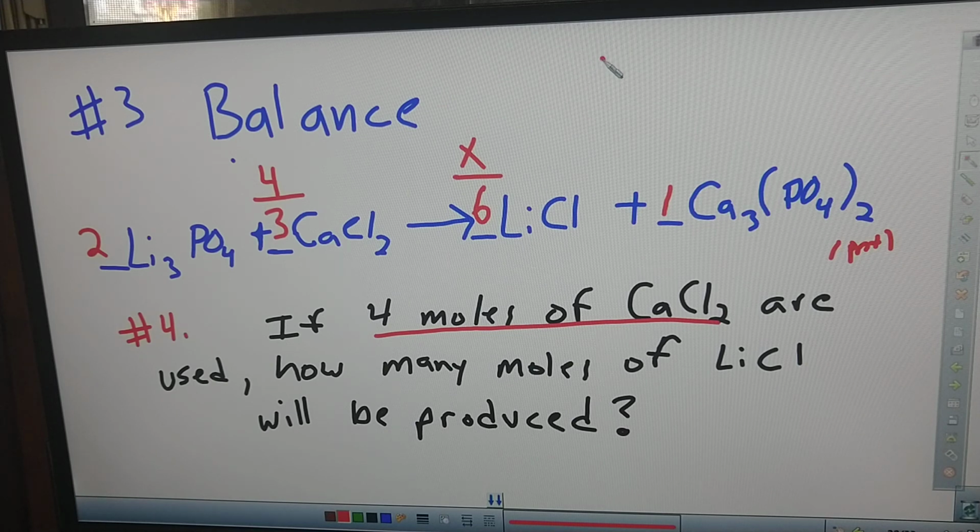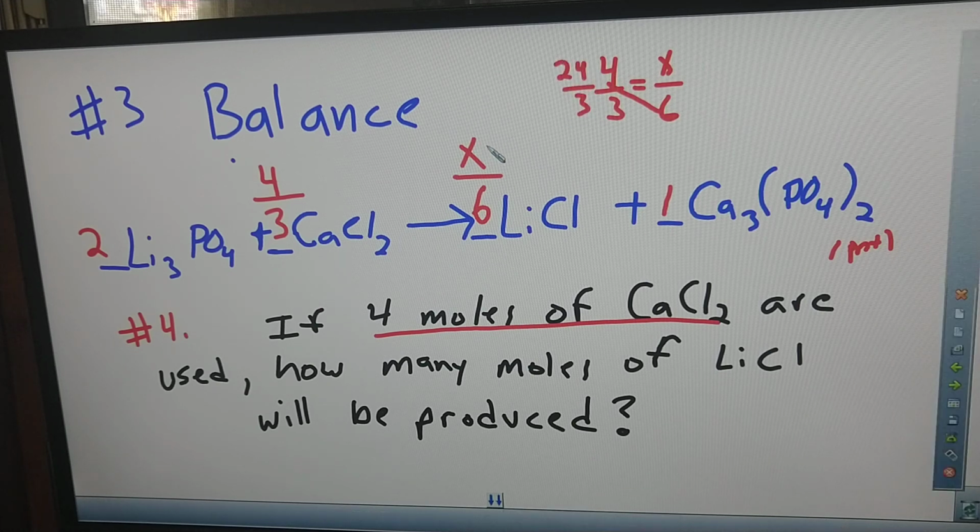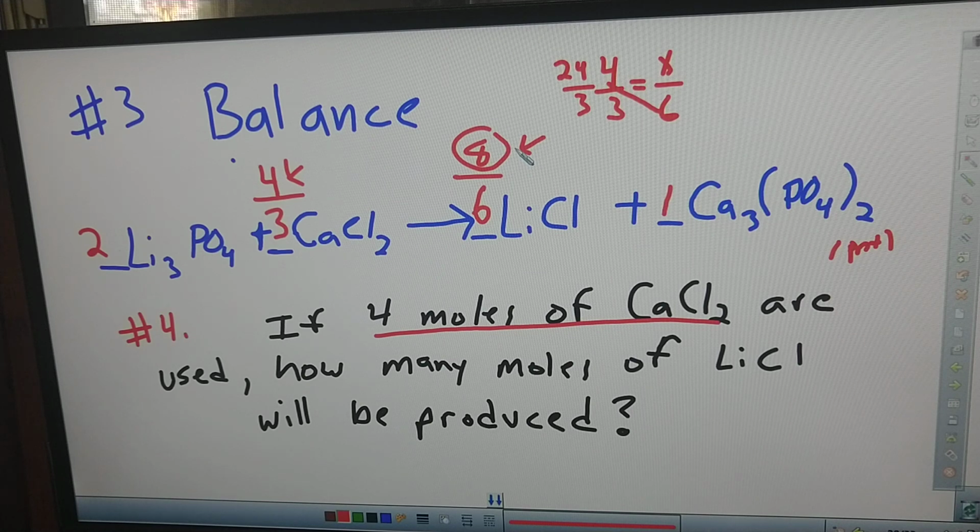So I'm going to show you, 8th grade math here. 4 over 3 equals X over 6, right? 6 times 4 is 24 over 3 is 8. 4 is to 3 as 8 is to 6. If you used 4 moles here, you would produce 8 moles of lithium chloride. Okay, that's it. That's how you do the problems.